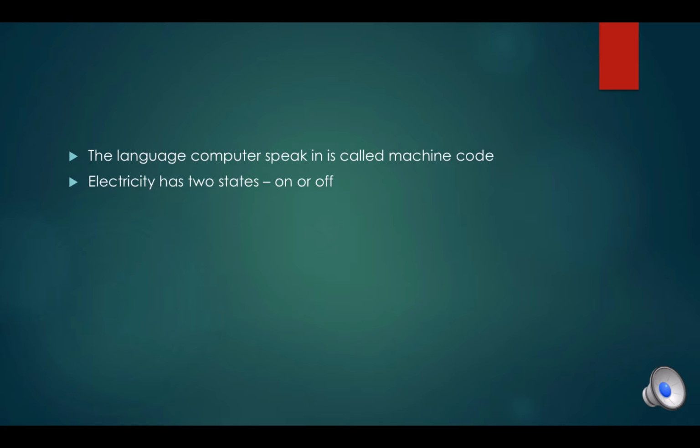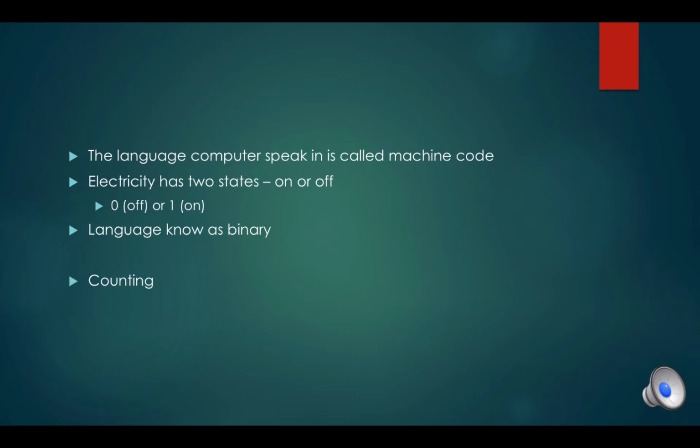Electricity has the ability to either be on or off, so a computer will only understand those two states. Usually 0 represents off and a 1 represents on. This language is known as binary, and you'll often hear people referring to binary as being the language computers speak in. That's really just referring to electricity being on or off to represent various things.